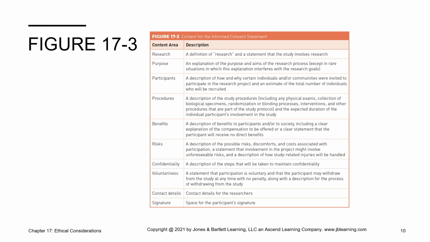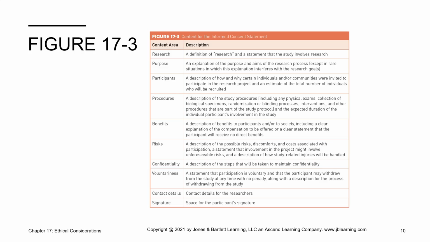Figure 17.3 goes over content for the informed consent statement. Anytime you have a research project, you have to go over some sort of informed consent process when you're collecting new data. This may be on paper, this may be verbal, there are different types, but it should all include information about the following somewhere within the document.